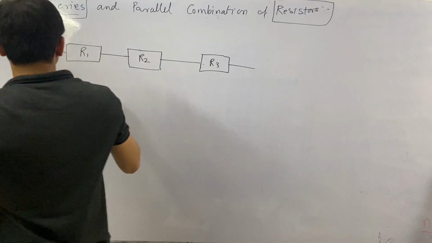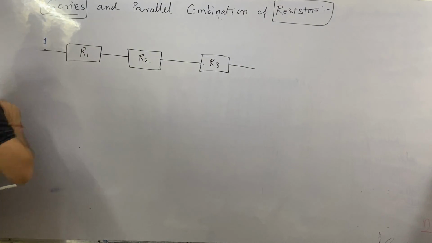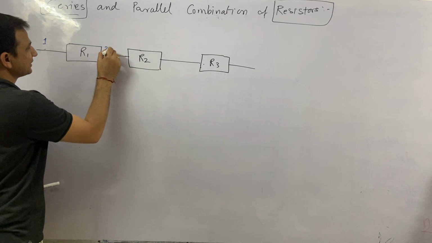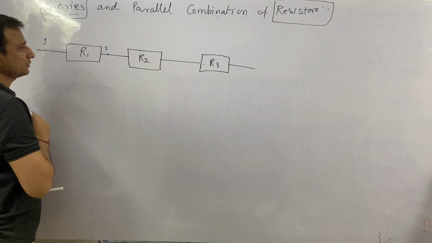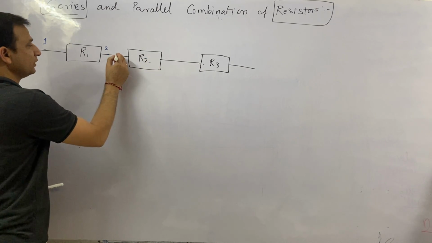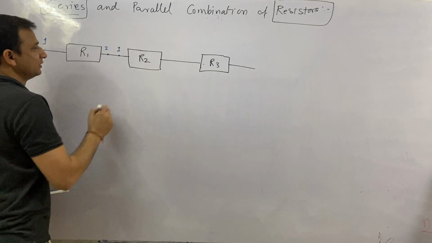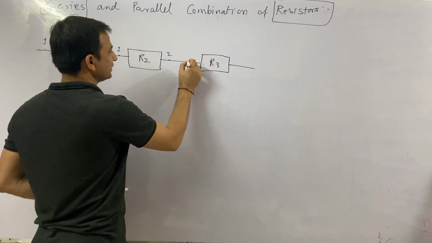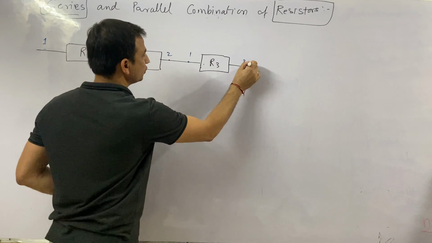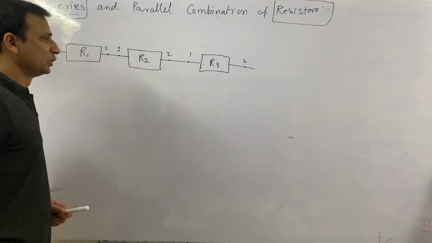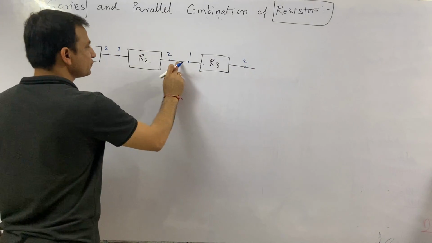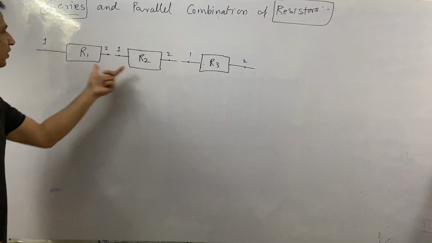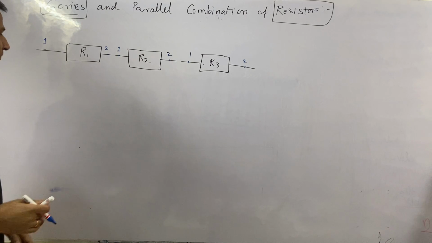So you can see here, let's say this is arm 1 of R1 and this is arm 2. Likewise for R2, and for R3. If I separate them for a second, they are all independent of each other.